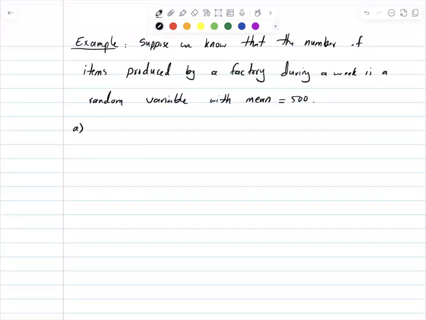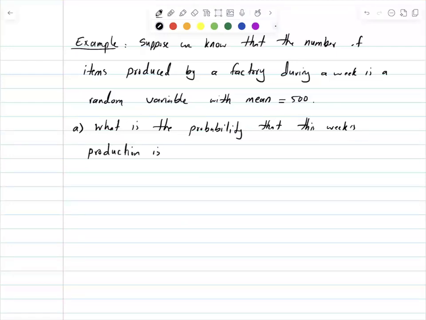Part A of the question. What is the probability that this week's production is at least 1,000?